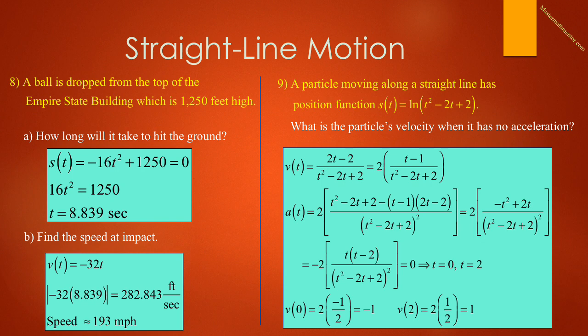Some algebra is done to get this into factorable form and set equal to 0, and we get t equals 0 and t equals 2. So we then go and plug 0 into the velocity function and get negative 1, and we plug 2 into the velocity function and get 1. Notice that no units were mentioned here, so no units are given in the answer.